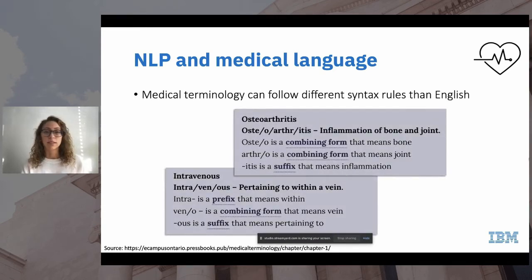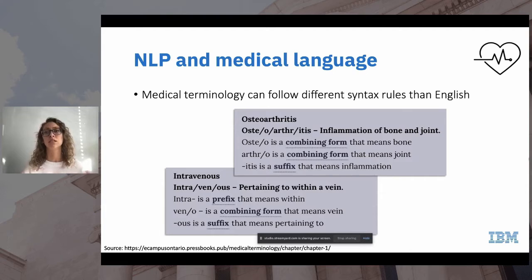But when we talk about medical language, of course, especially if I'm a patient describing my own symptoms, probably I'll use really simple words like my ankle hurts or my ankle is swollen. But a doctor prescribing a diagnosis, or a patient repeating a diagnosis that they have received, is going to involve words like osteoarthritis or these more technical, specific medical terminology, which come from Greek and Latin roots.